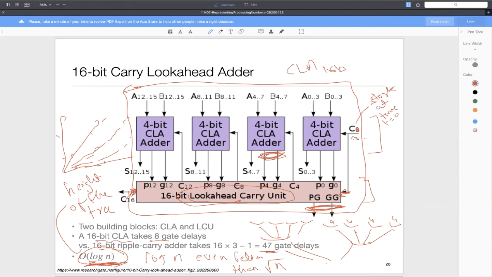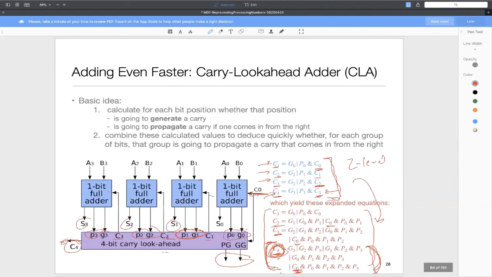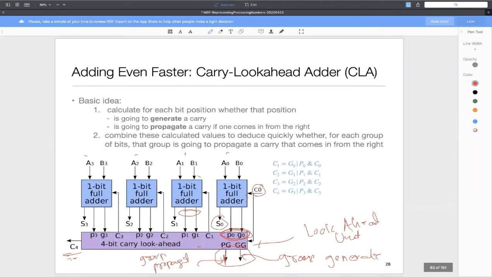Well, I don't have to ripple like a ripple carry adder, right? In a ripple carry adder, I have to go bit by bit by bit. Here, at the lowest level, I have the structure. Propagate and generate get computed by each one of the 4 bits in parallel. If you look at the equations for propagate and generate, they do not depend upon the carry in.